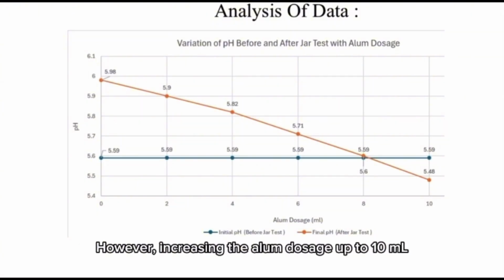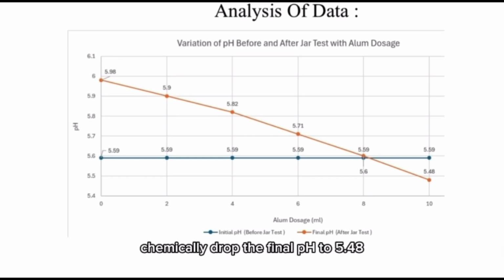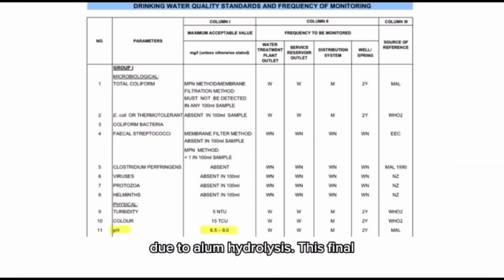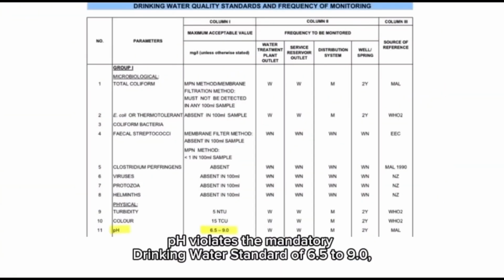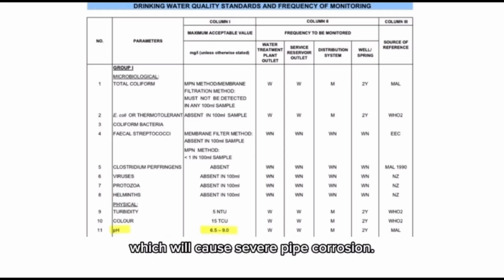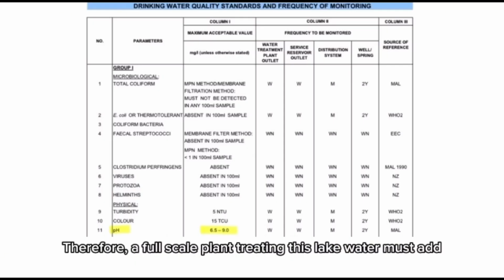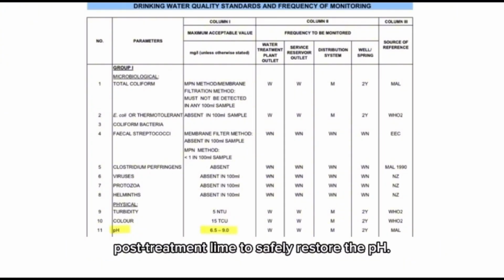However, increasing the alum dosage up to 10 ml chemically dropped the final pH to 5.48 due to alum hydrolysis. This final pH violates the mandatory drinking water standard of 6.5 to 9.0, which will cause severe pipe corrosion. Therefore, a full-scale plant treating this lake water must add post-treatment lime to safely restore the pH.